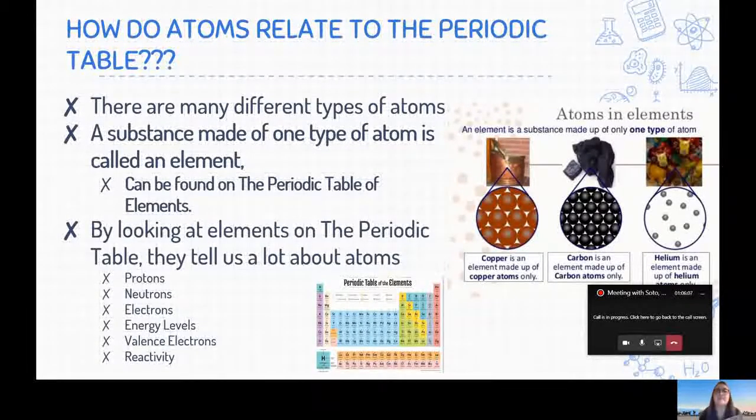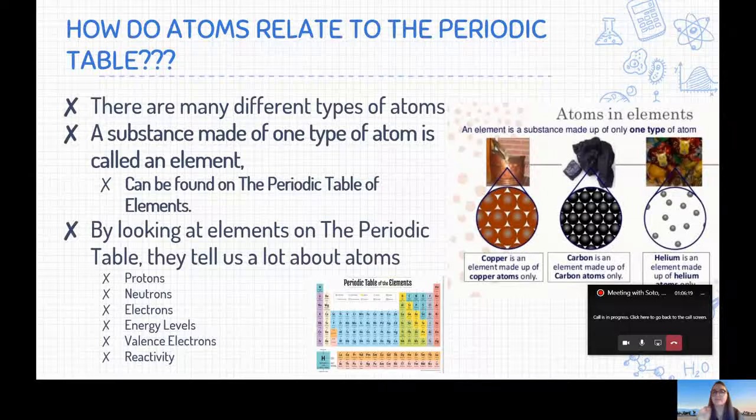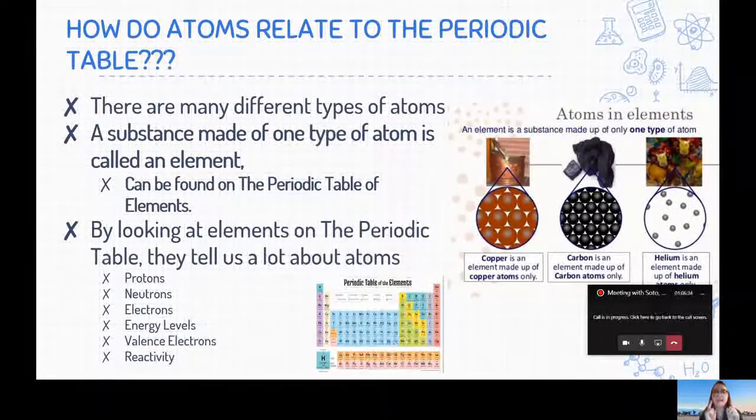So every substance, every element is made up of one type of atom, okay? If there are different types of atoms, that is not an element, that is something else, and we'll talk about it later. Each type of atom, each atom with a certain amount of protons, is a different element, okay? Examples: copper is an element, right?